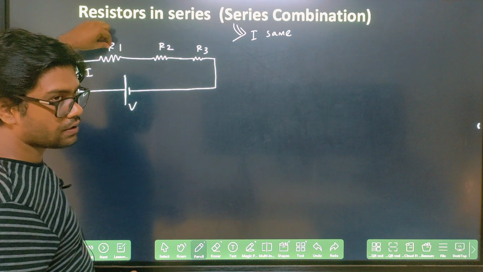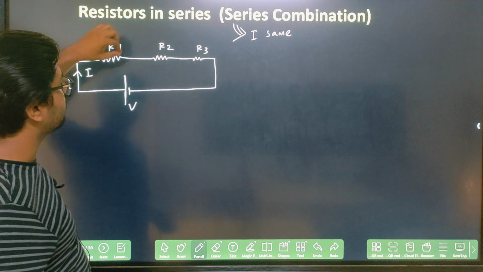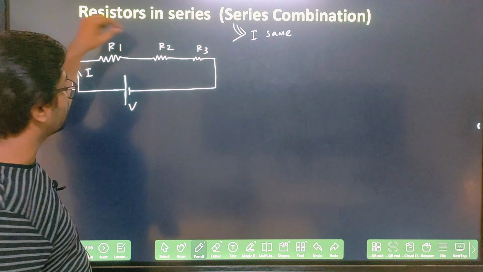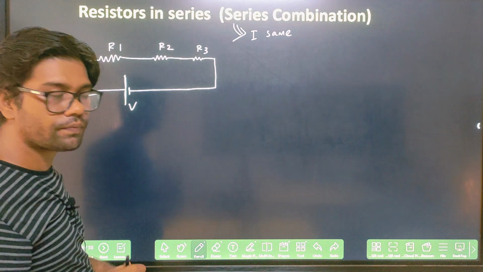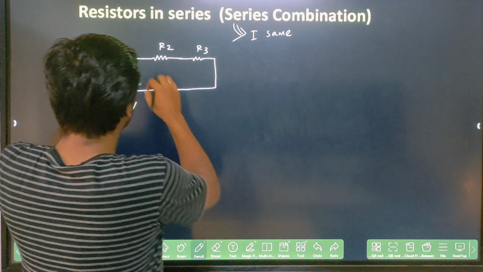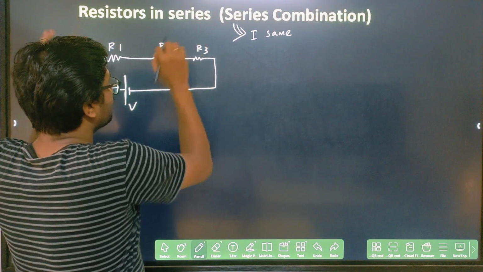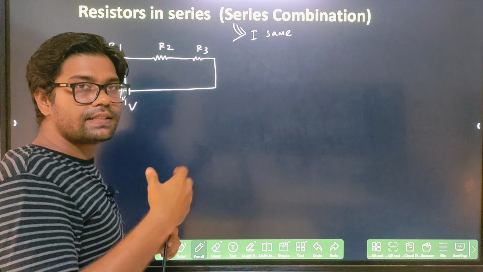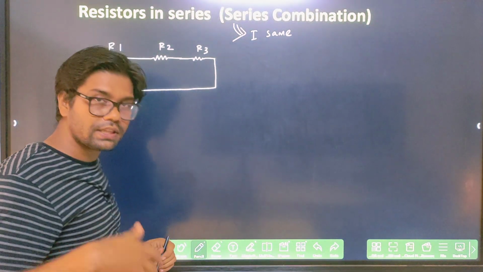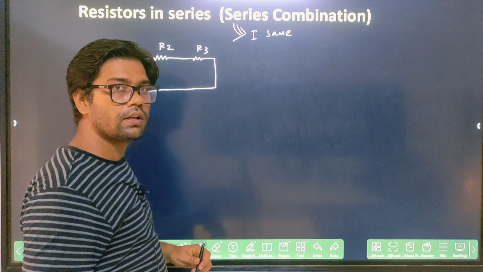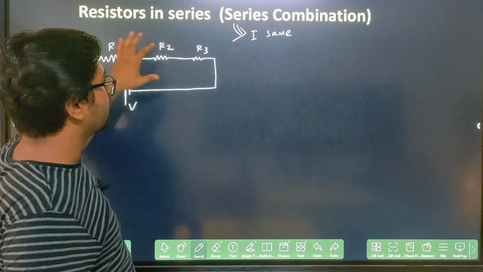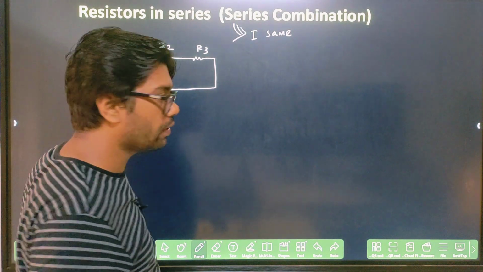In R1 the current will flow I, through R2 the current will flow I, through R3 also the current will flow I. So if I replace R1, R2, R3 with a single resistor, then also current I will flow through that equivalent resistor.